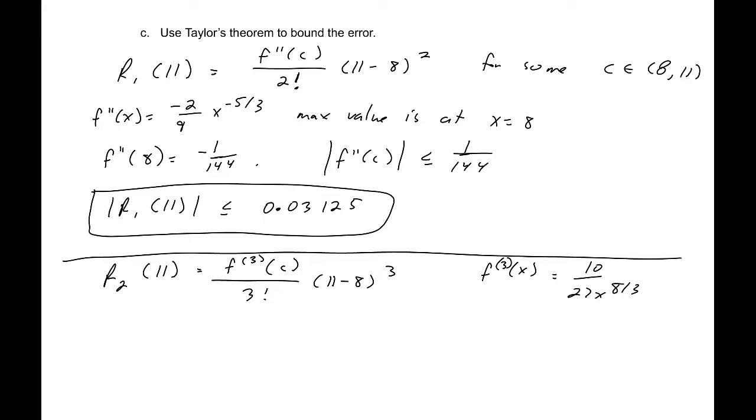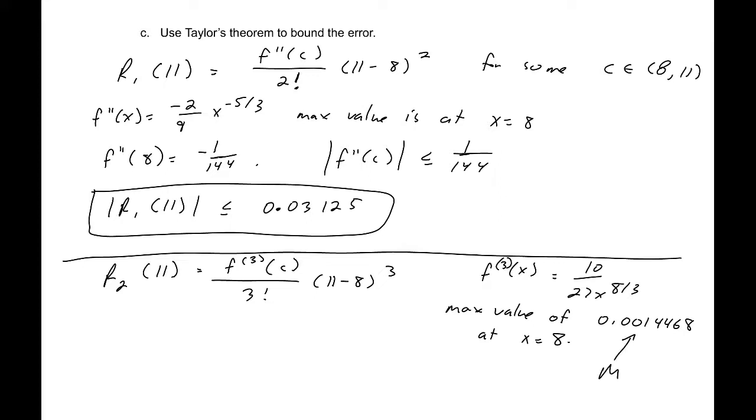It also is a decreasing function, so our maximum value is 0.0014468 at x equals 8. So that is going to be our M value.